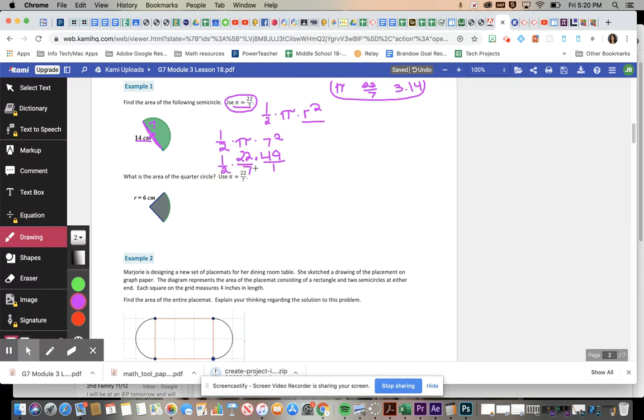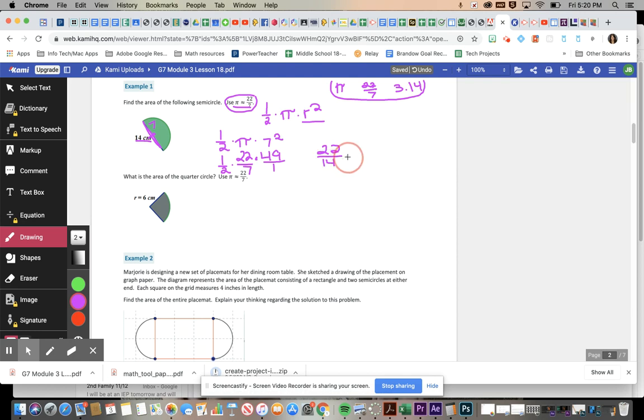So I'm just going to do my first two fractions, 1/2 times 22 over 7, which would be 22 over 14, because 1 times 22 is 22, and 2 times 7 is 14.